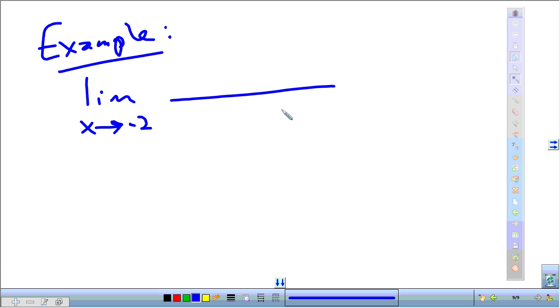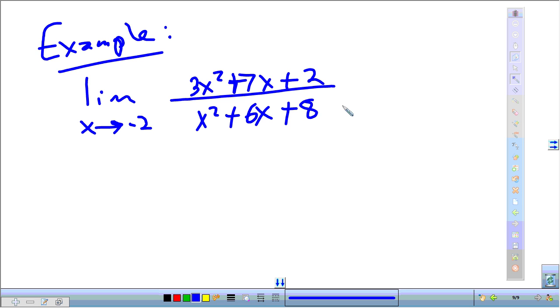Now let's take a rational expression. Three x squared plus 7x plus 2 and divide by x squared plus 6x plus 8. So I changed the rational expression again. Let's consider this limit as x approaches minus 2.